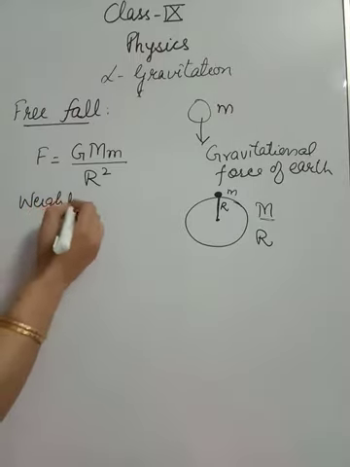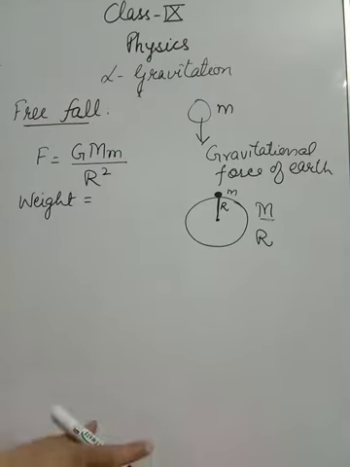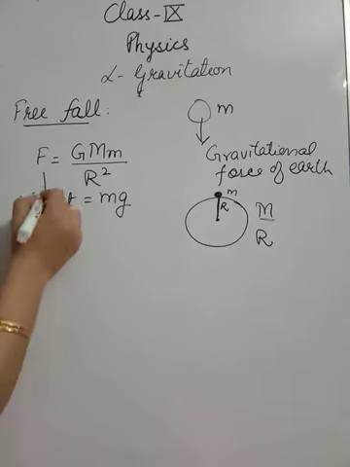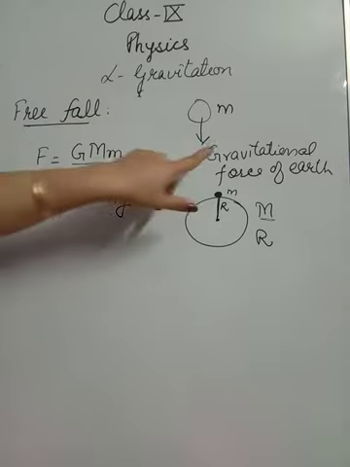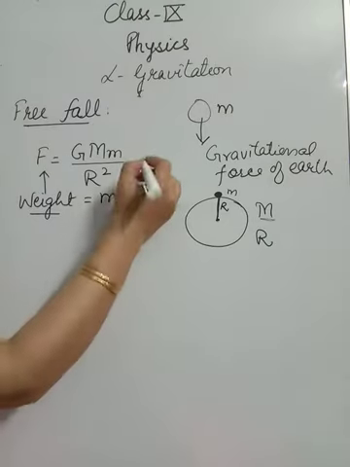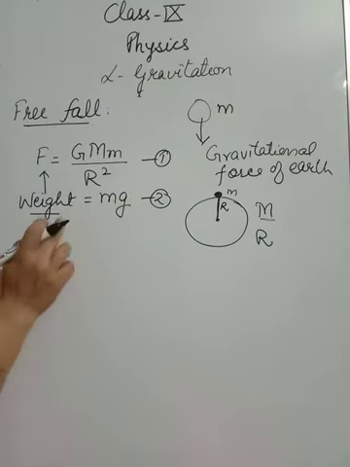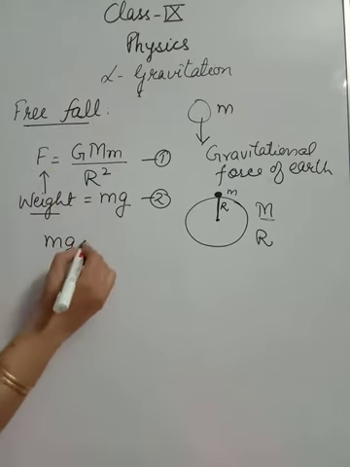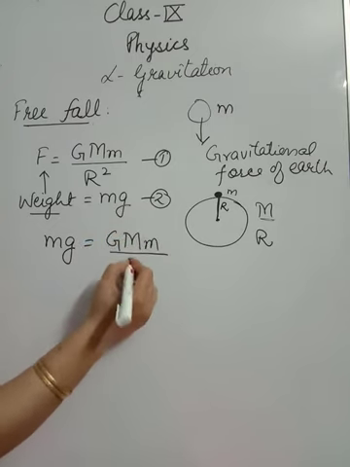Weight is the force that is responsible for moving any object towards the surface of earth. So this is given as mg. Weight is actually the force provided by the earth due to gravitational force, so equations 1 and 2 are for the same force. This weight is the gravitational force of earth. So from here we can say that mg equals GMm upon R square.